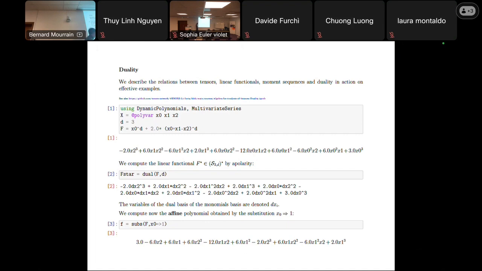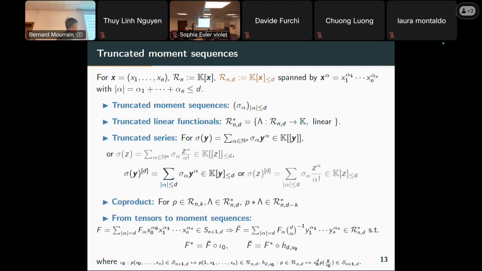But in your previous slide, it was not. In the previous slide, yes, but f hat was not homogeneous. No, f star is the composition of f hat with the iota, the homogenization. Yes. But f star is dealing with the dual. How should I read it?